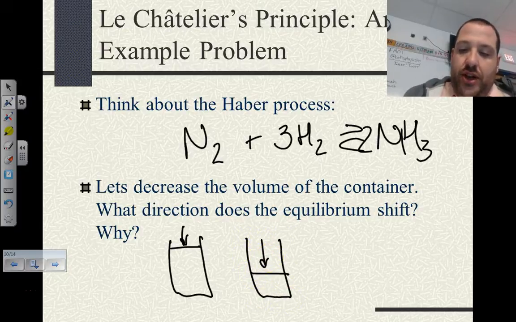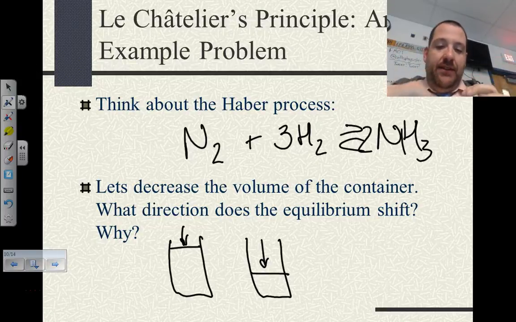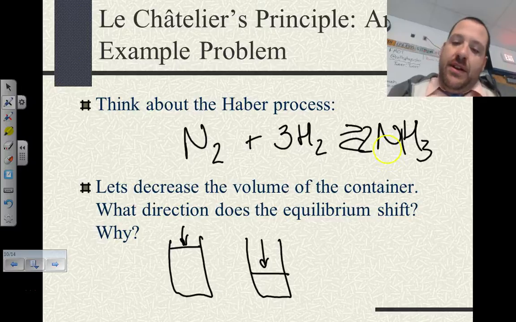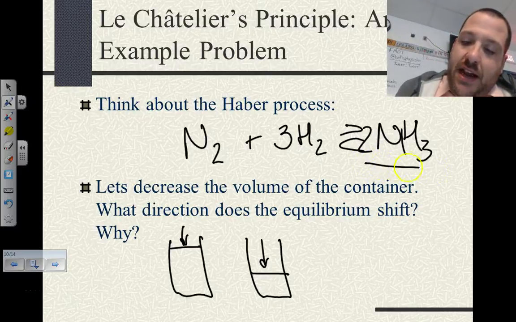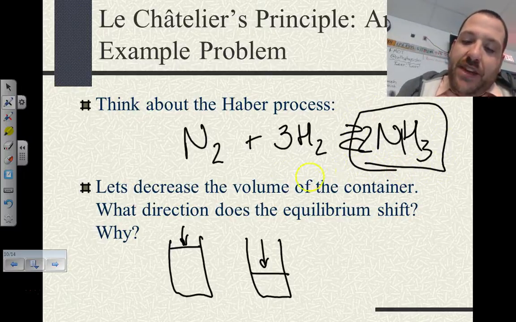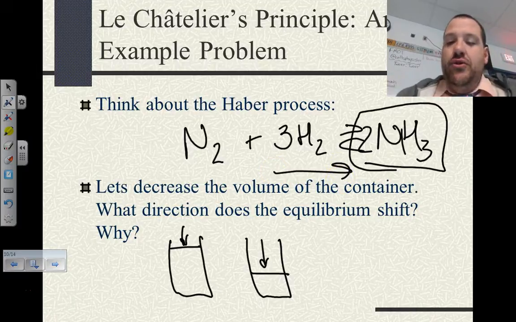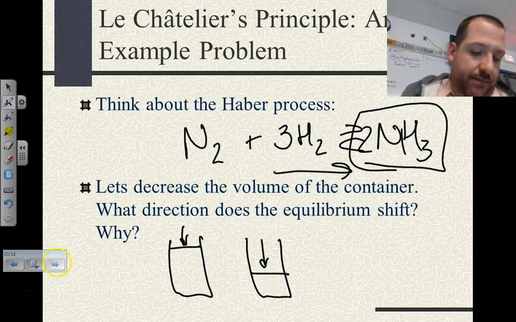Which way is that going to shift? Well, you have less space, so you have less room for the moles of gas. So you are going to shift to the side with fewer moles of gas, and so by changing the volume, you're going to shift to the right.